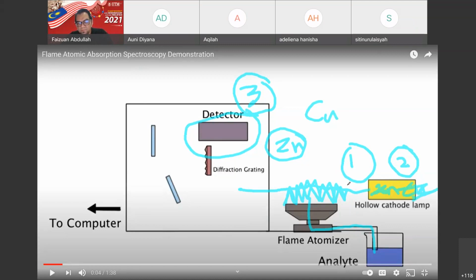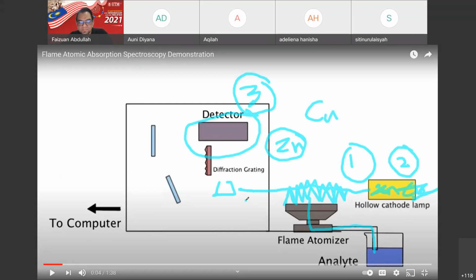And then the third part, the detector, will detect, if we have zinc in the sample, a loss of energy from the light source, from the hollow cathode lamp.